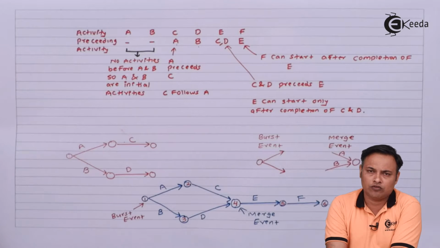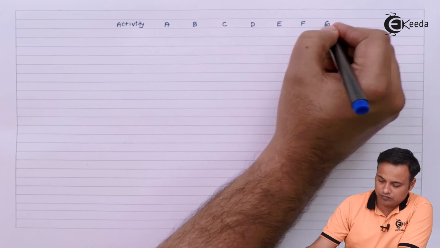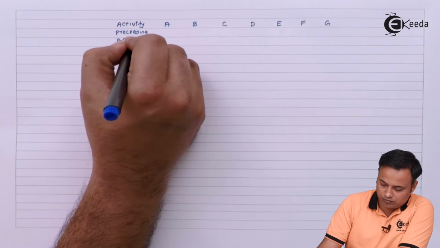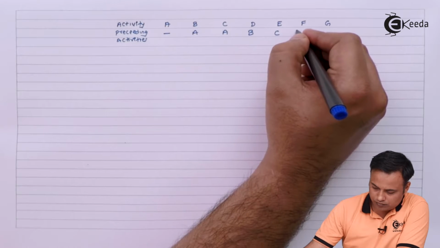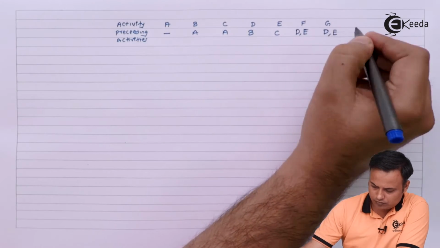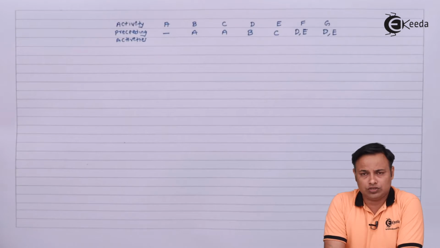Let's talk about few things more. Now we are taking the third example here, where we have 7 activities A to G, and there are some preceding activities that are defined in the question.